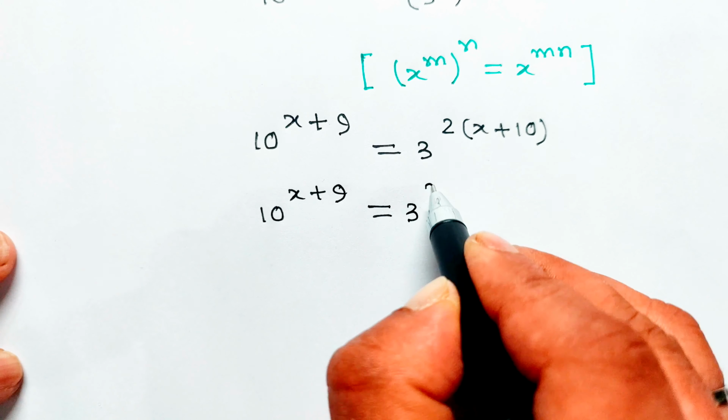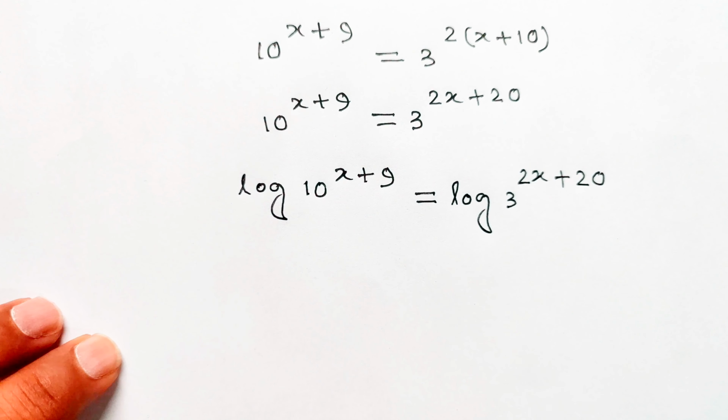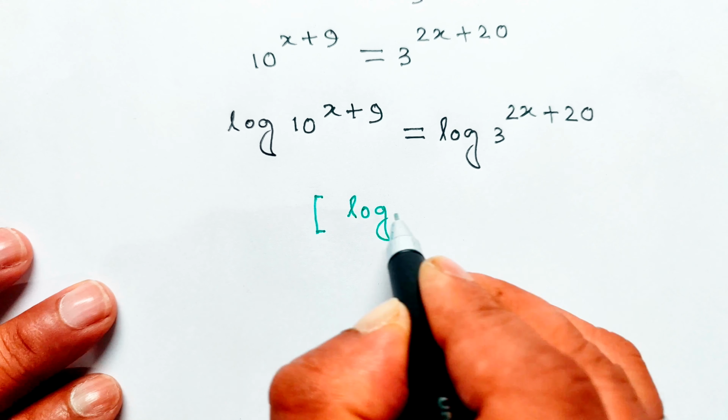Take a log on both sides, then we get log 10 to the power x plus 9 equal log 3 to the power 2x plus 20. Log m to the power n equal n log m.